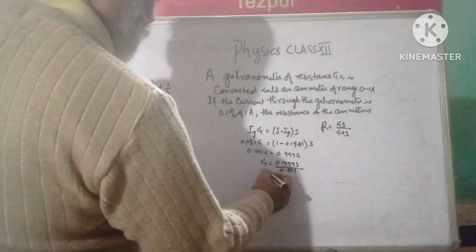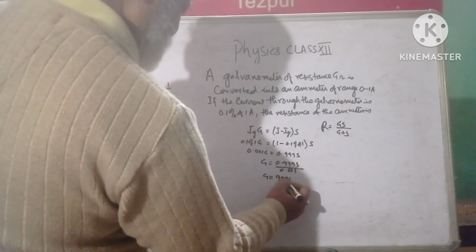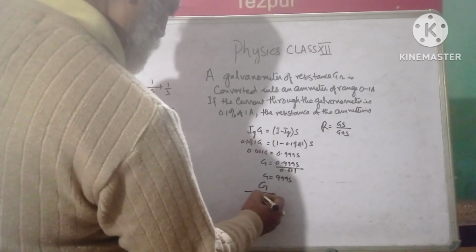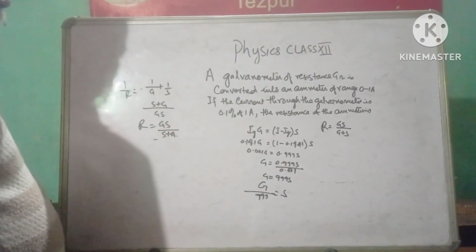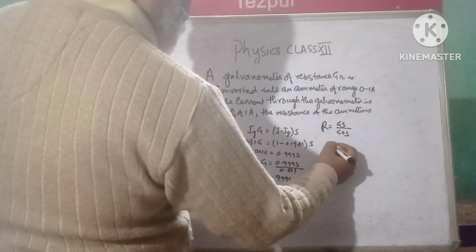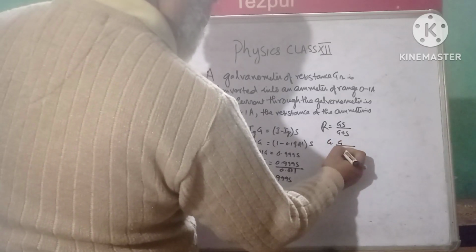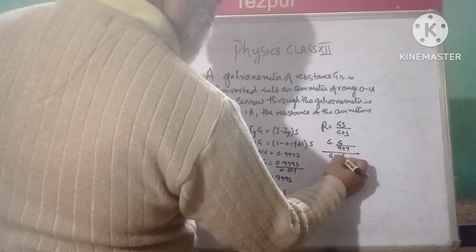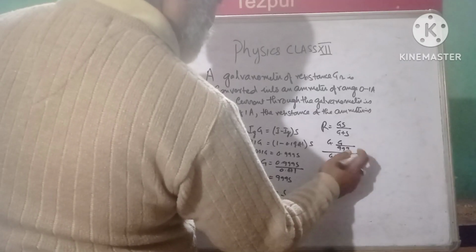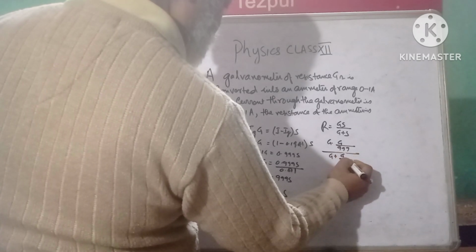So G equals 999 S, so G by 999 will be your S. Now you put the value here, that is G into G by 999 by G plus G by 999.